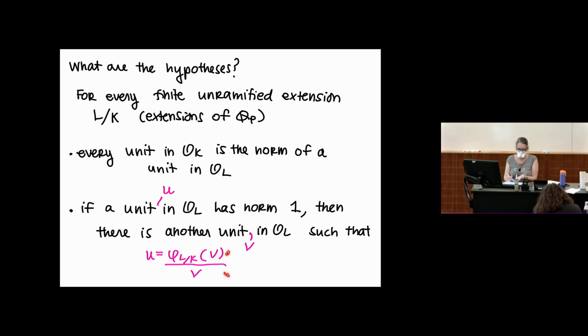So certainly a ratio like this has norm 1 because the top and the bottom have the same norm, right? But we have to assume that actually every unit of norm 1 is of this kind.